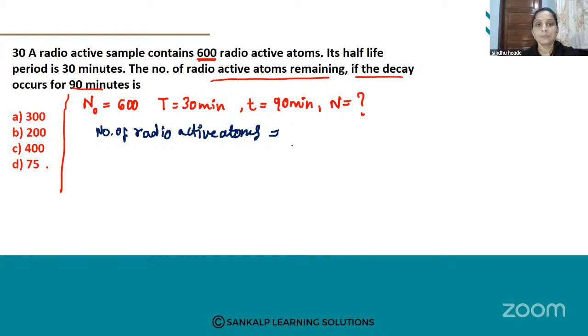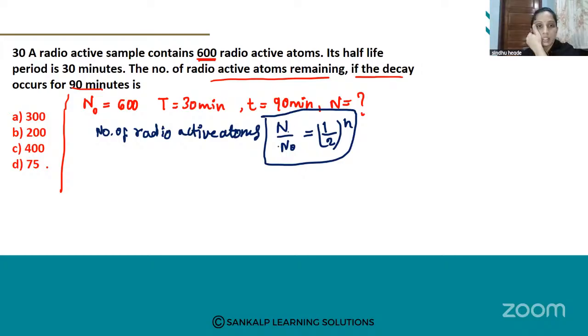So what is the formula? N by N naught is equal to 1 by 2 raised to n. This is the formula. N by N naught is equal to 1 by 2 raised to n.